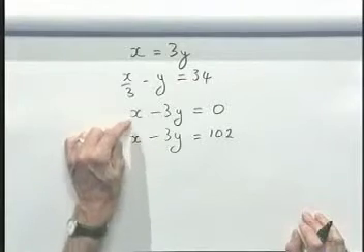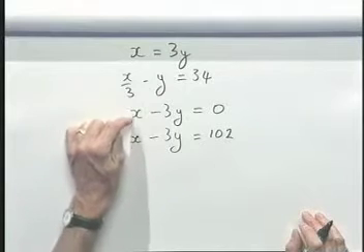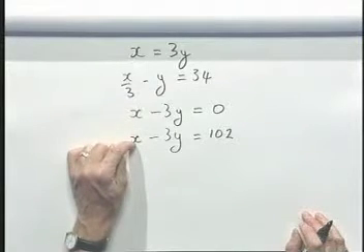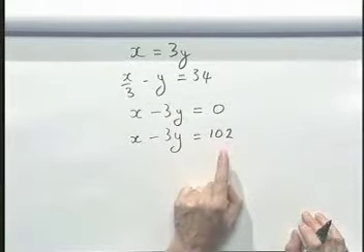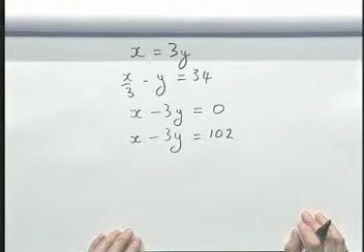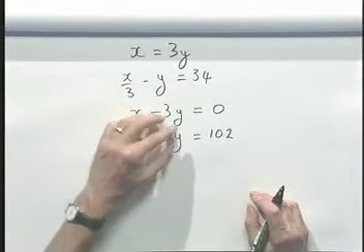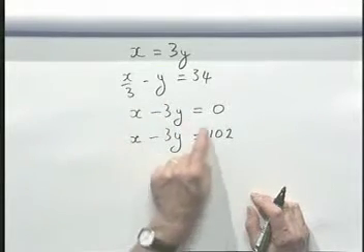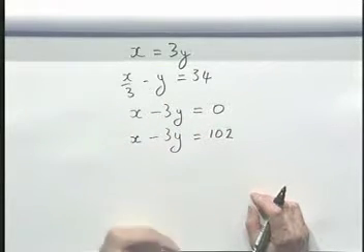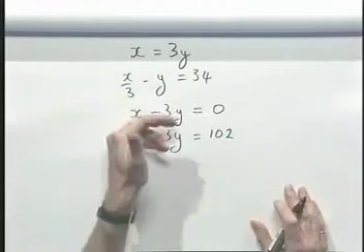Problem. These two bits here are exactly the same. But these two bits are different. What's going to happen? Well, clearly, if we subtract these two equations, one from the other, there won't be anything left at this side when we've done the subtraction. x from x, no x's.